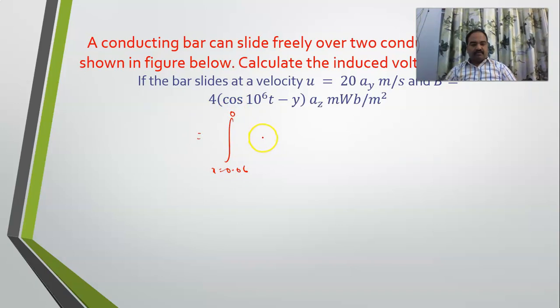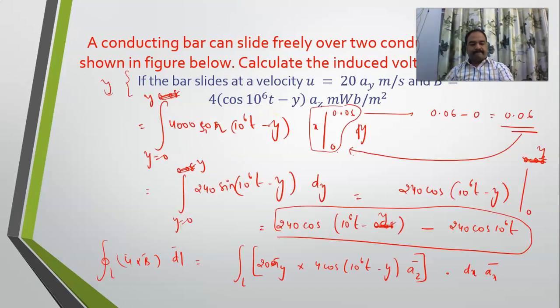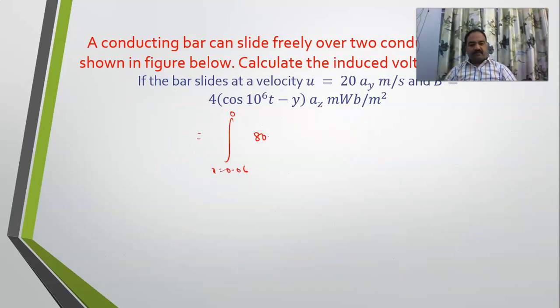This will become 80. And here, 10 power minus 3 is also there, don't forget. Okay, so 80 into 10 to the power of minus 3 is 0.08, right? Cos 10 power 60 minus y, this is the expression, dx.